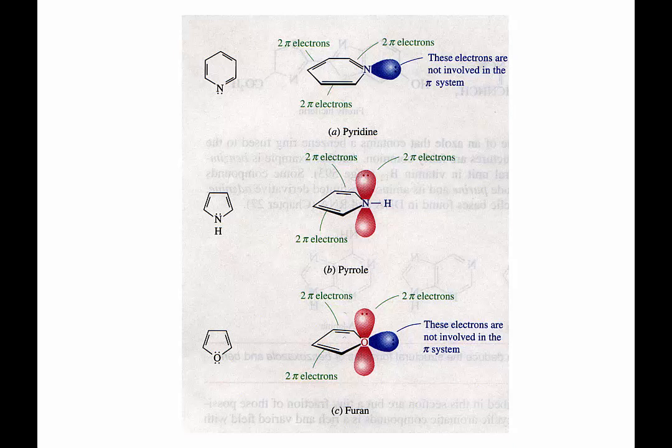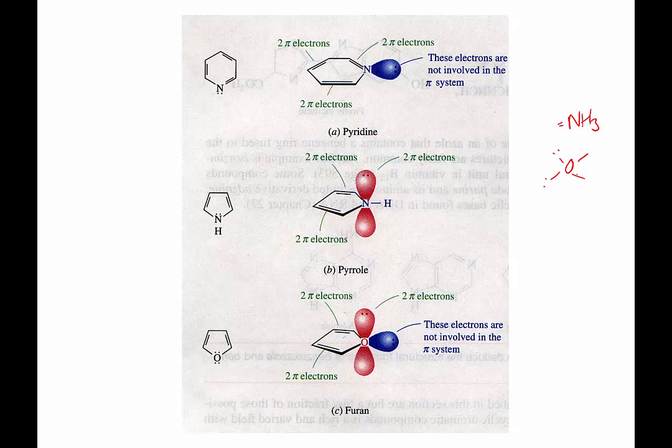All of these examples are not; they're neutral. We know that NH3 is a base because it will pick up a proton to form NH4+. We already know that an O with its lone pairs can pick up an H+, and that's how we make oxonium, H3O+.